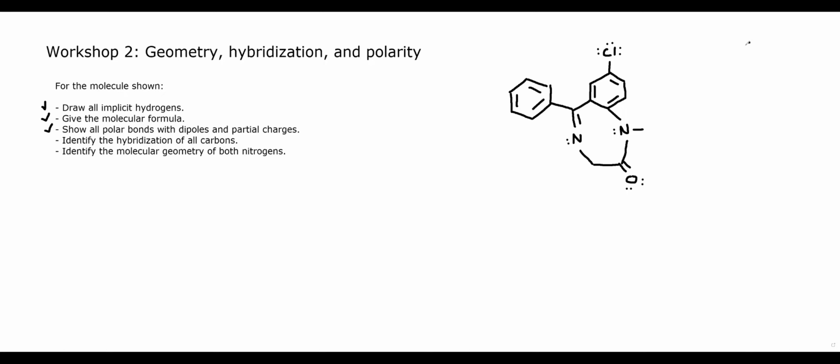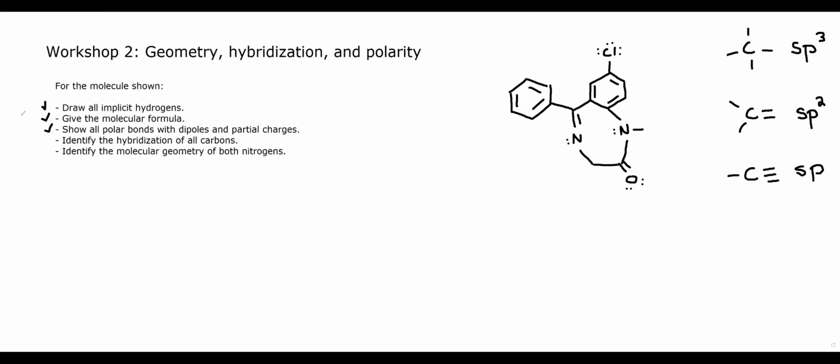If we have carbon with a double bond and 2 single bonds, that's going to be sp2. And if we have a carbon with a triple bond or 2 pi bonds, that's sp.